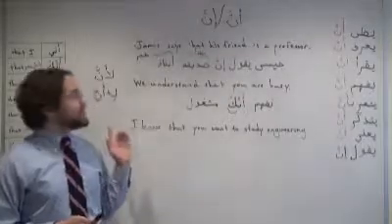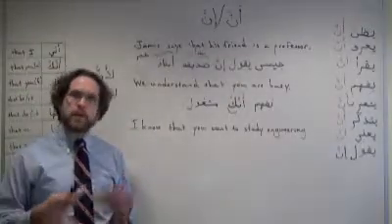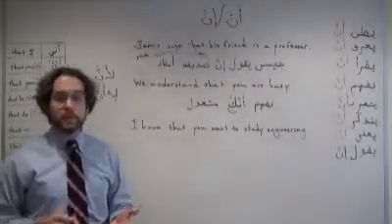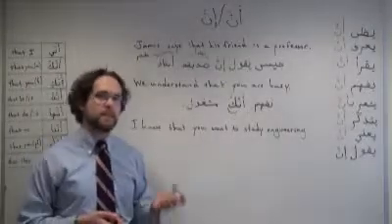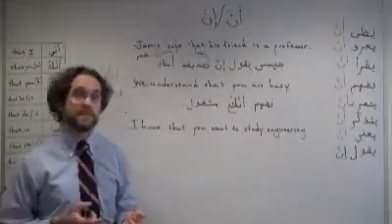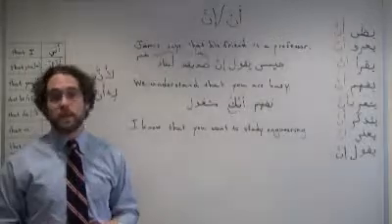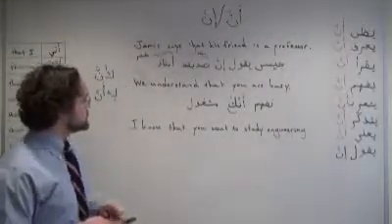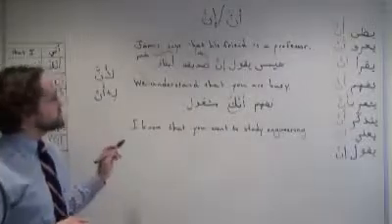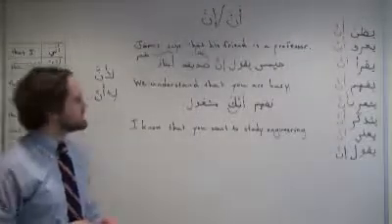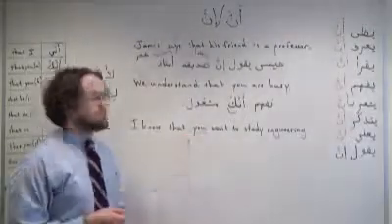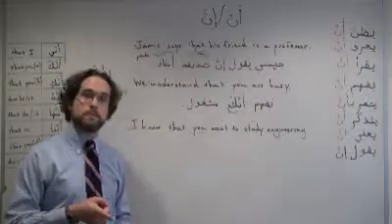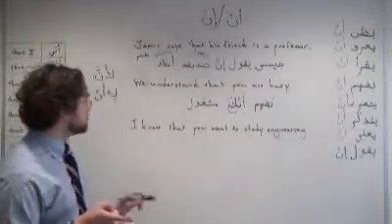Now, if our second clause after anna also requires a conjugated verb or two in Arabic, then we still need to have that nominative sentence, right? We still need to begin with a noun or a pronoun. So, this third sentence, for example, I know that you want to study engineering, and let's make that you a female. Let's suppose that we're addressing a woman here.